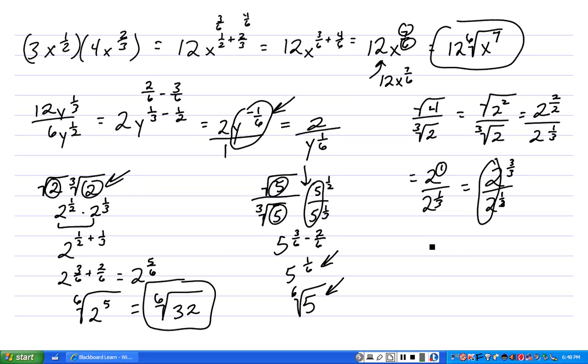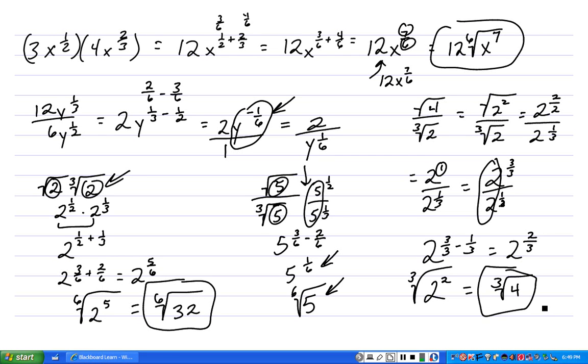So this would be like saying 2 to the 3/3 minus 1/3, which equals 2 to the 2/3. That's like saying 2 squared to the 3rd root. 2 squared is 4, to the cube root. All right, there's your answer. This is the answer in simplest radical form. This would be the answer if they wanted positive rational exponent form.